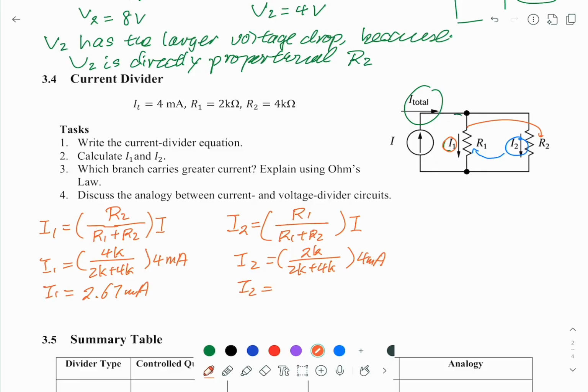I2 is equal to 1.33 milliamp. Now if we look at here, it makes sense.